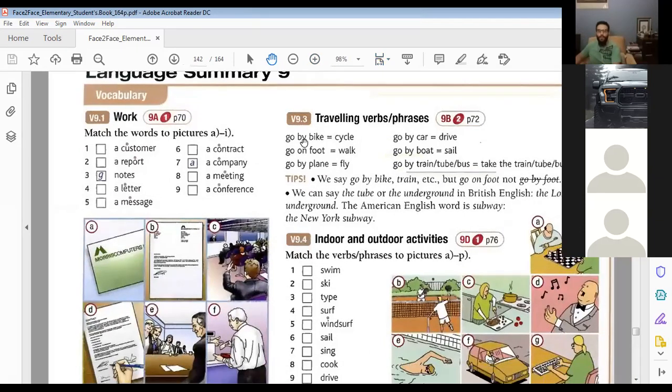Okay, so go by bike is the same meaning as cycle. Go on foot is the same meaning as walk. Go by plane, fly. Go by car, drive. Go by boat, sail. Go by train or go by tube, go by bus, it means take the train, take the tube, take the bus.